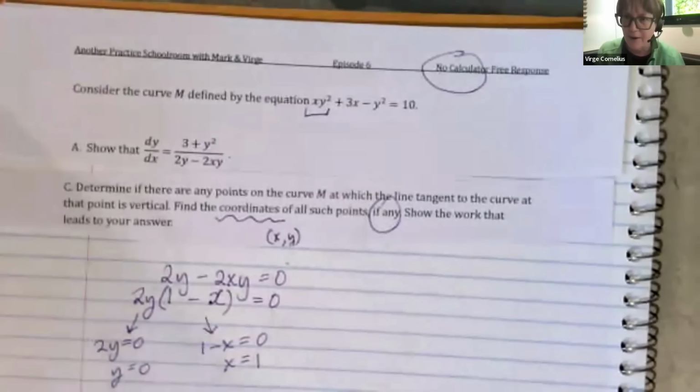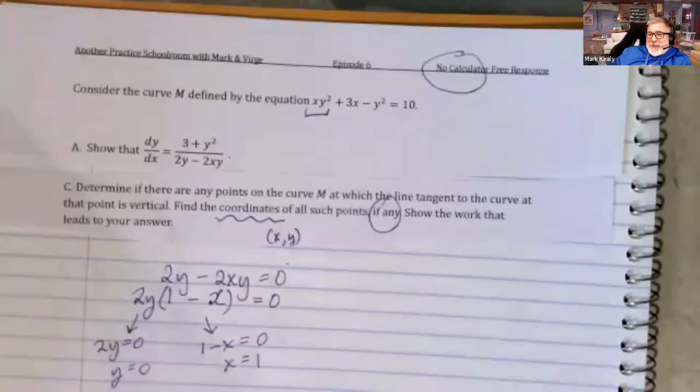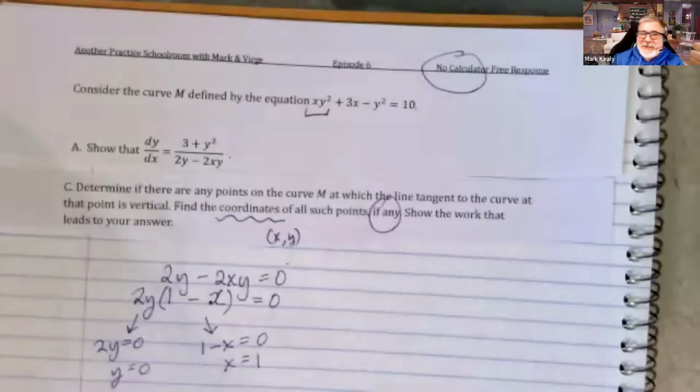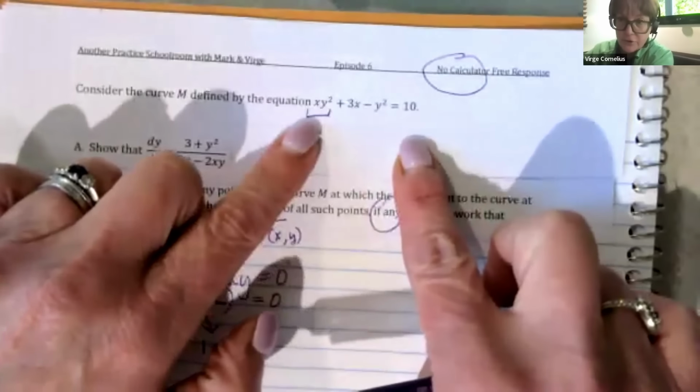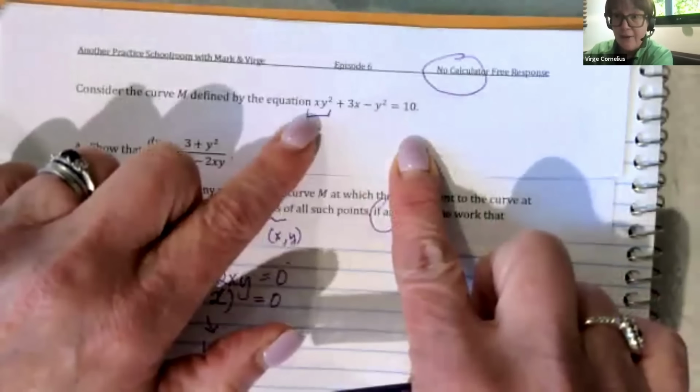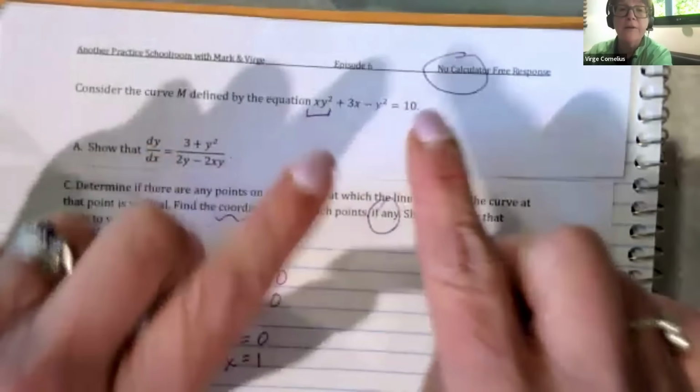Something is happening when y equals 0, and something else is happening at x equals 1. We need to go back to our original equation and substitute in 0 for y and see what happens, then we might have an ordered pair, and then we need to do the same with x equals 1.